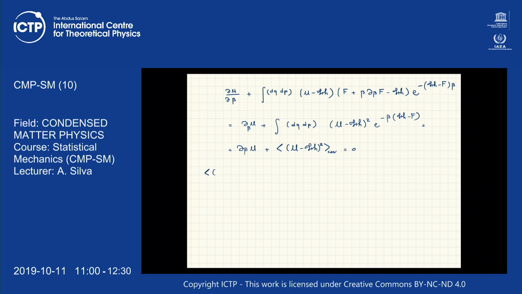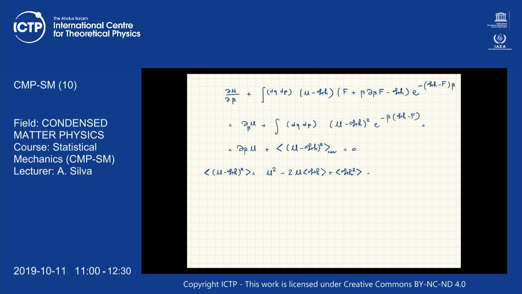Now, what is the average of (U minus h) squared? Well, this is equal to U squared minus 2 times U average of h plus the average of h squared. Okay, now it's correct.